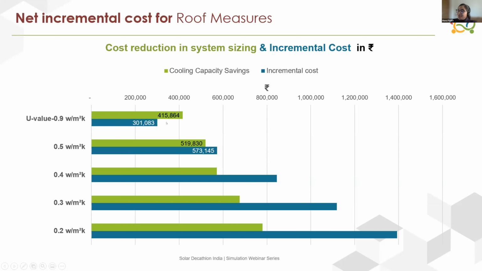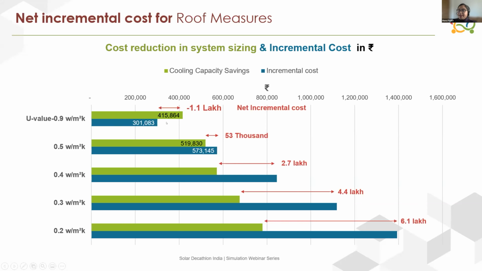The difference between both is called net incremental cost. For example, for a U value of 0.2, the net incremental cost is roughly around 6.1 lakh rupees, because this is the cooling capacity saving, and this is the incremental cost of the ECM. So this is the net incremental cost.